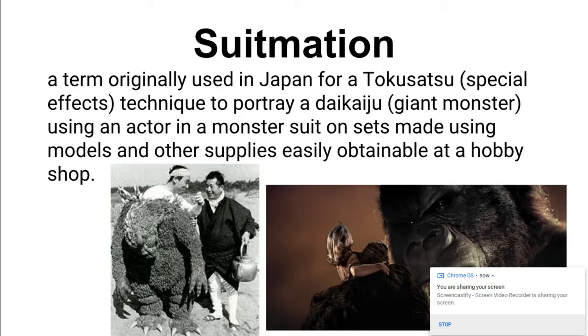And like I said, this can be used in tandem with some other video or film effects. So on the bottom right there, again, it's that 1976 King Kong film. So in the foreground, you have the animatronic hand, this actual giant arm or hand that they created for the film. And so that's a composite shot.